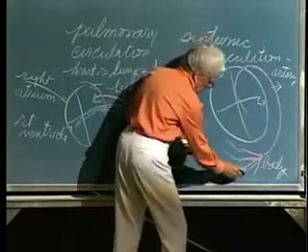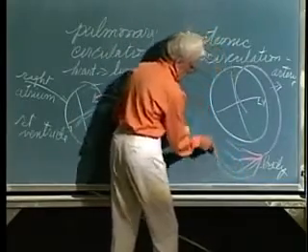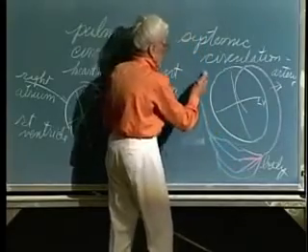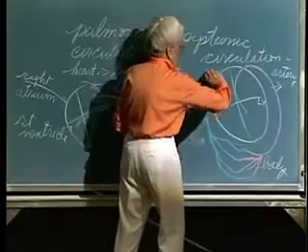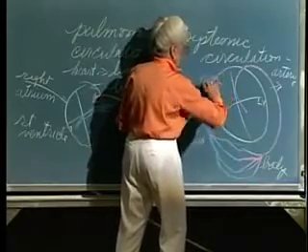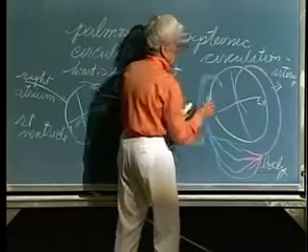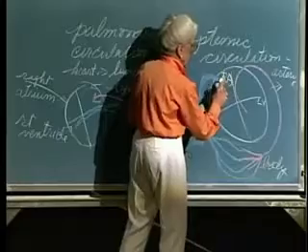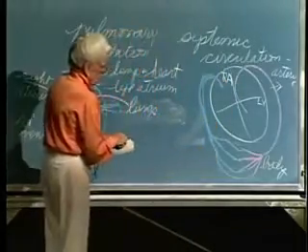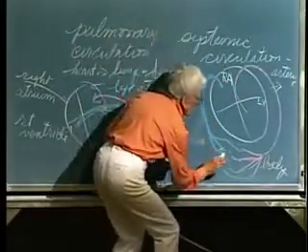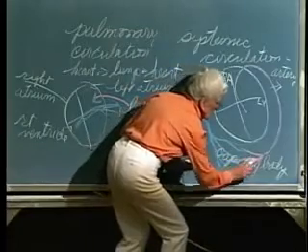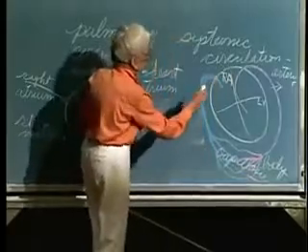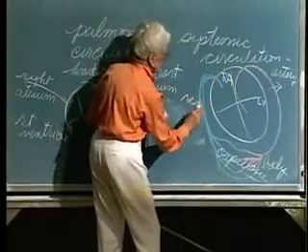Then venous blood collecting, coming around, and coming into our right atrium. But these are capillaries, small blood vessels, and these will be veins represented here.